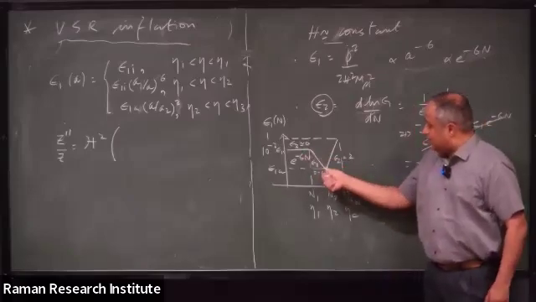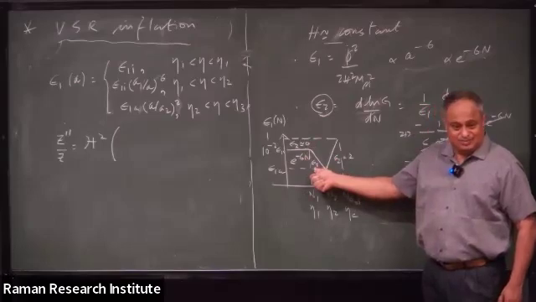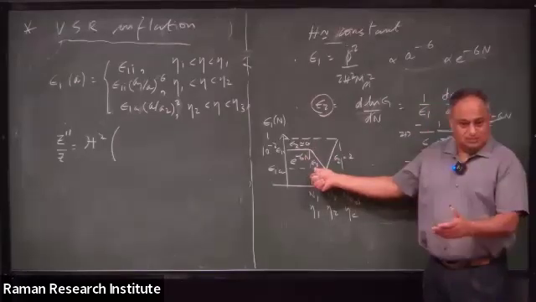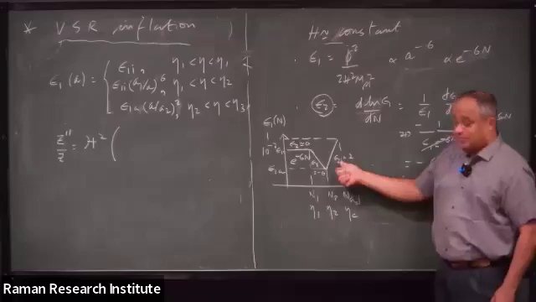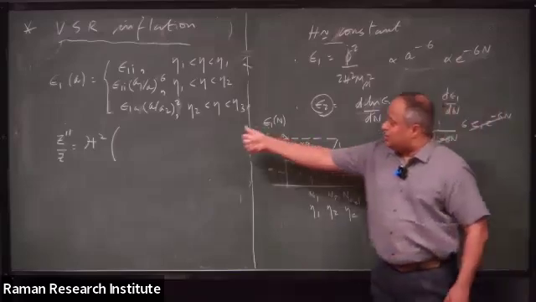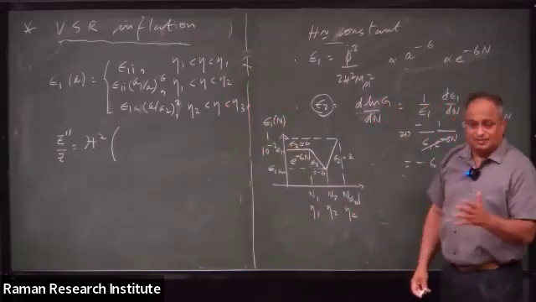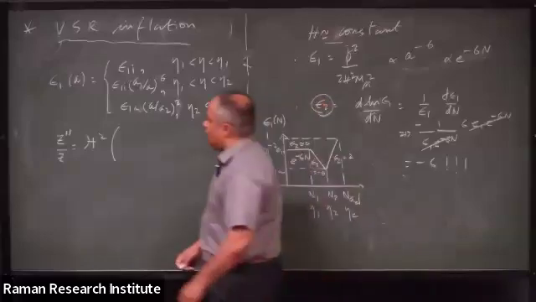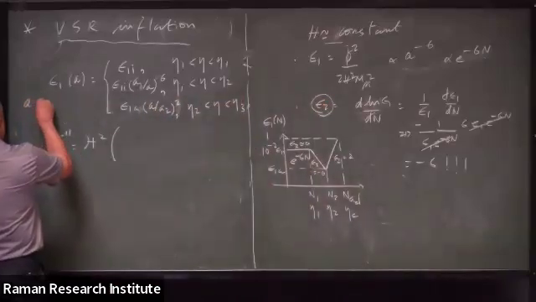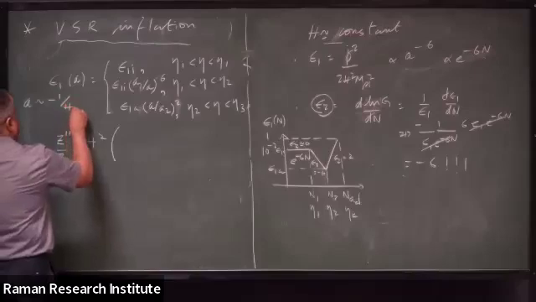During this regime, epsilon2 is minus 6. Here, epsilon2 is 2. And remember, we are assuming it's always de Sitter. A is minus 1 over H naught eta.